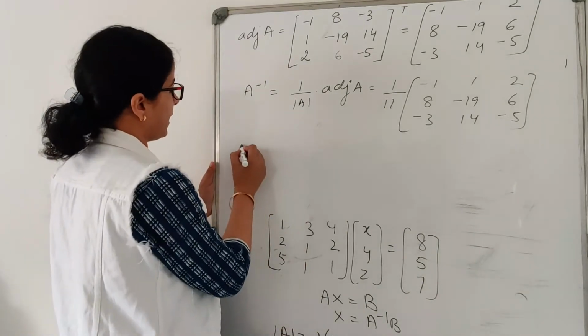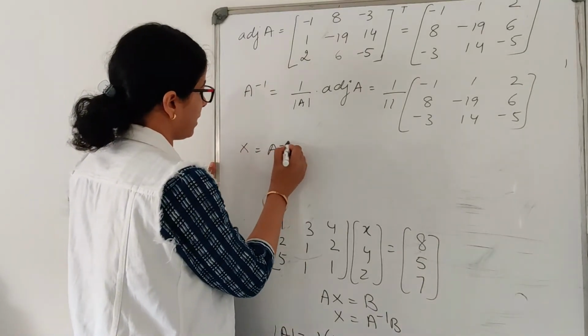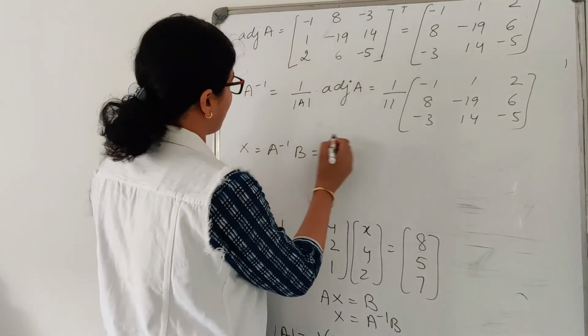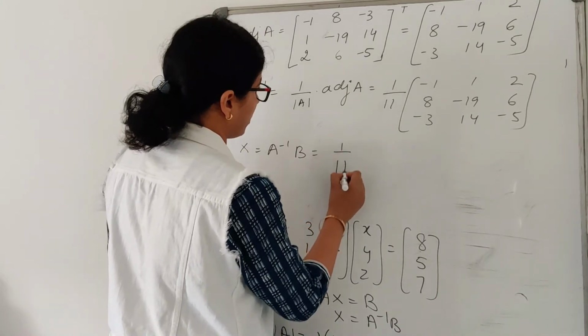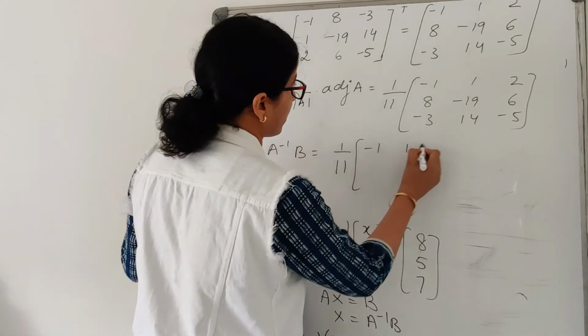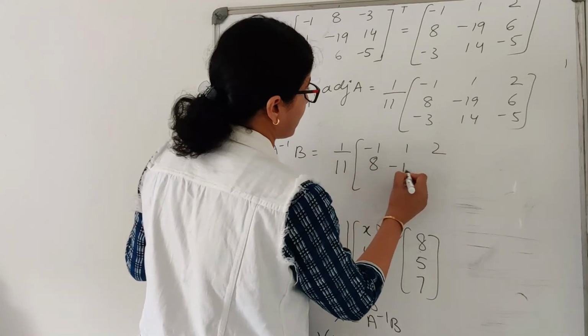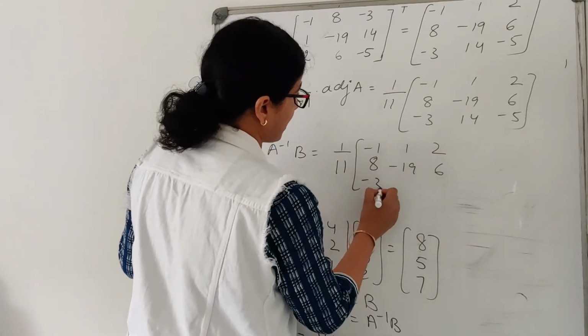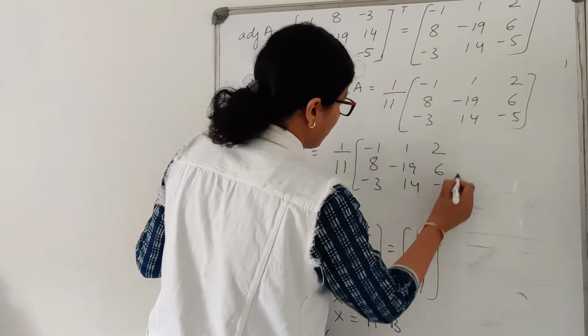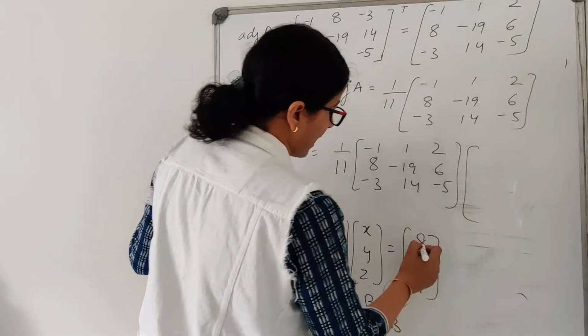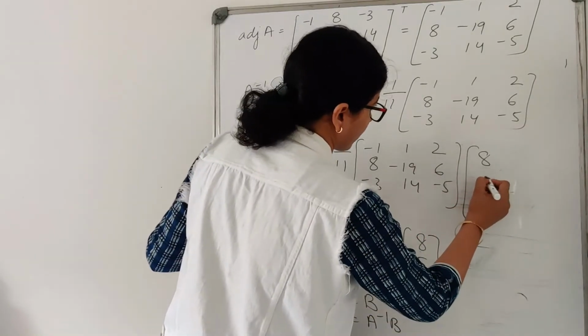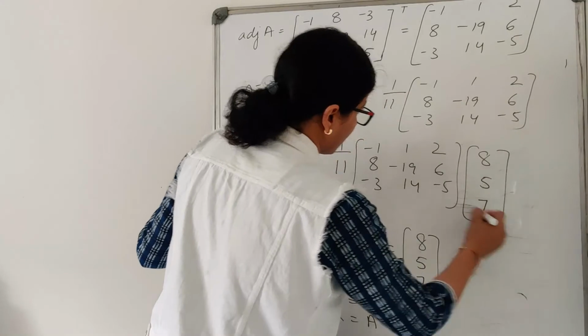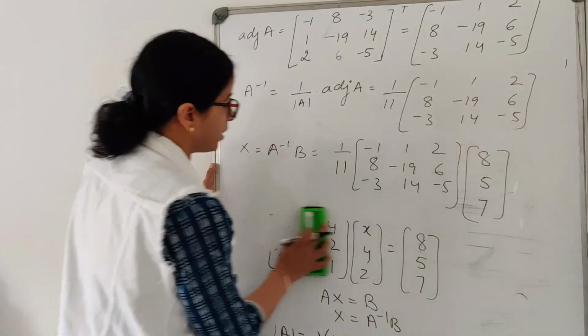Now I have to find X is equal to A inverse B. So my A inverse is 1 upon 11 times minus 1, 1, 2, 8, minus 19, 6, minus 3, 14, minus 5. And what is my B? 8, 5, 7. Now I'll multiply and find the values.